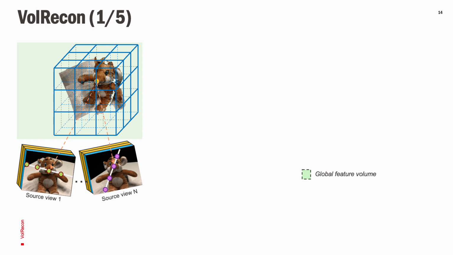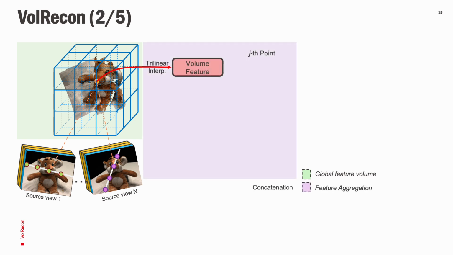This is done using bilinear interpolation, where the mean and variance of features across views are computed and concatenated as the voxel features. We then use a 3D UNet to regularize and aggregate the information. After that, we use trilinear interpolation to get the volume feature from the global feature volume.